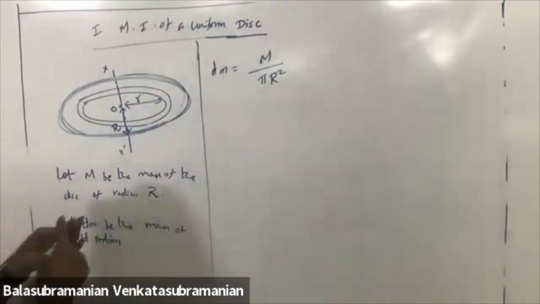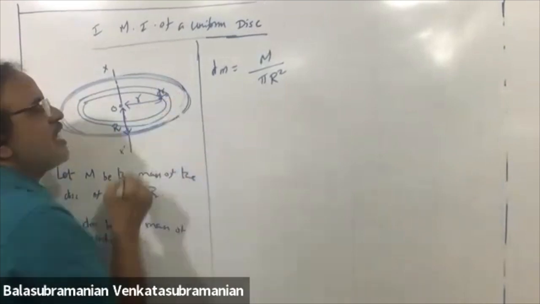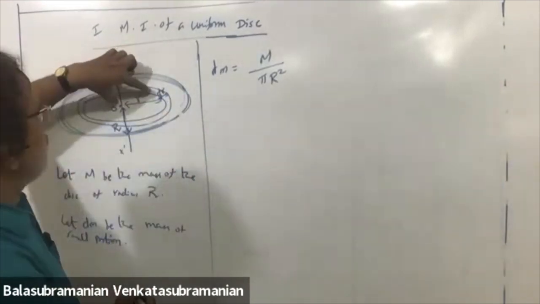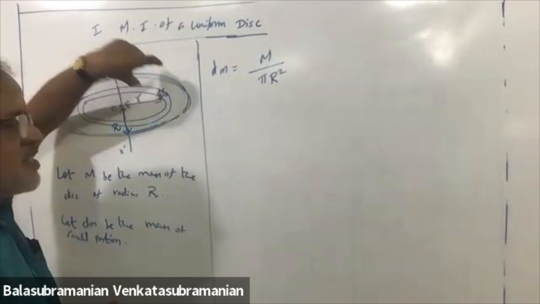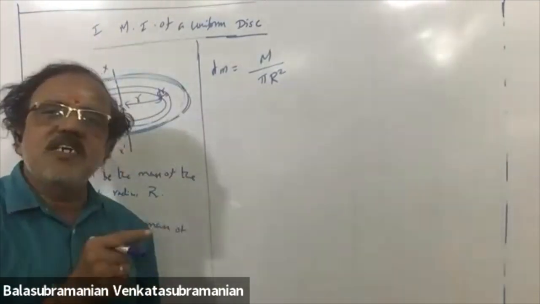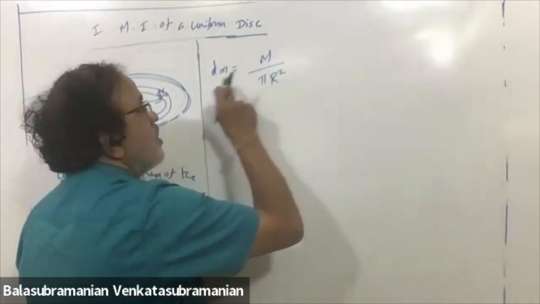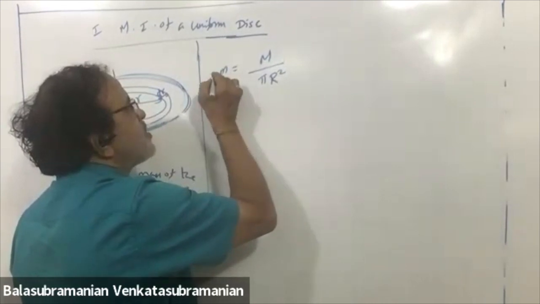Total area is pi r square. This portion distance is dr. From the center to this part distance is r. The thickness of that ring you call dr. On the left hand side we have mass.